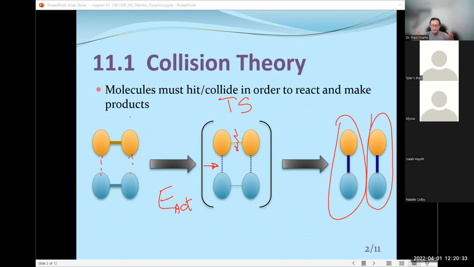So hopefully you can see that some of the factors involved in the reaction are that they have a specific amount of energy to overcome the barrier, and on top of that, a specific orientation.